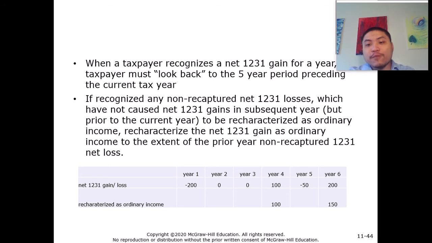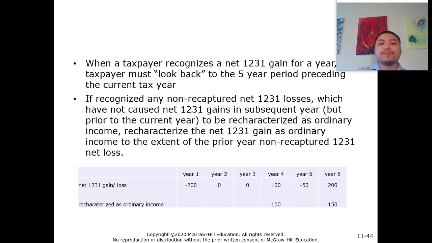So out of the $200 of net gain recognized in year 6, the current year, $150 is going to be recharacterized as ordinary income, and the remaining $50 is going to be treated as Section 1231 gain, and it's going to be taxed at a preferential rate, right? So I hope with this demonstration, it's going to help you understand how we can apply the Section 1231 look-back rule.